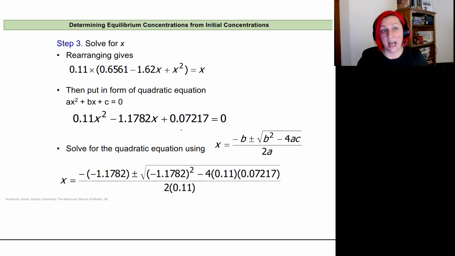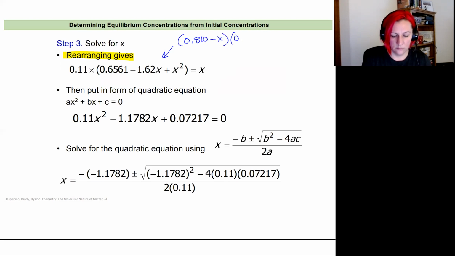So first we have to rearrange. So that's step one, rearrange. In doing that, I'm going to be able to first multiply out my two expressions that are in parentheses. And this is coming from that 0.810 minus x times 0.810 minus x.